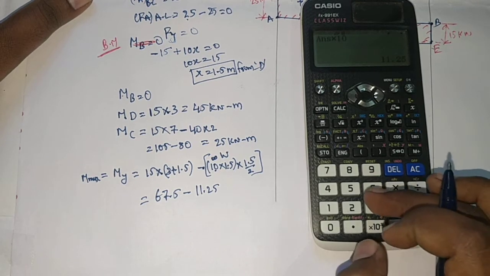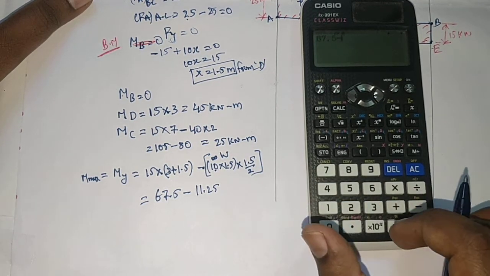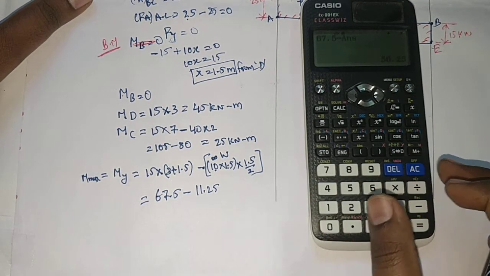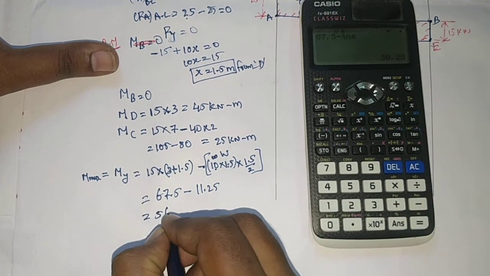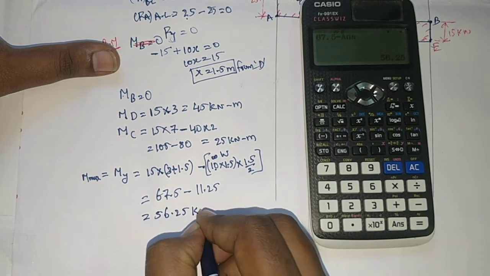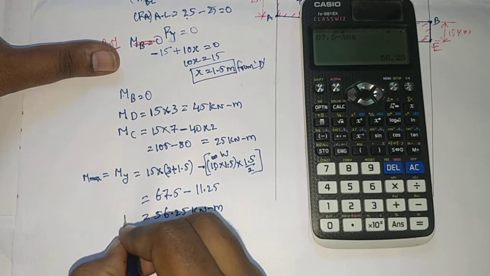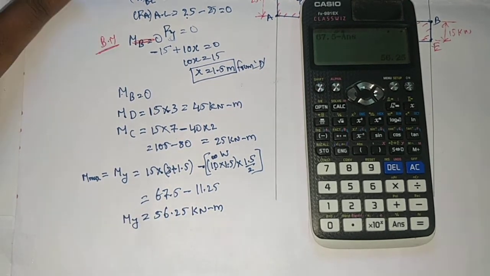So 67.5 minus that answer, we get the value at this point as 56.25 kilonewton meter. It is the bending moment at point Y.